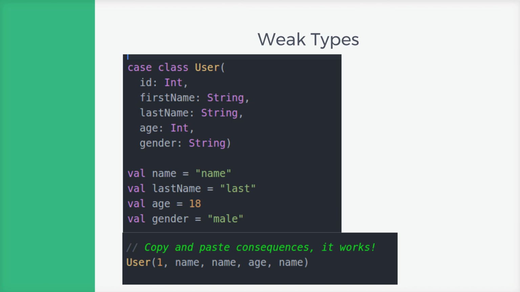And this is an example of weak types because it's not stored in the context of your application. Like the age cannot be negative, but you can provide a negative value here and it will work. But it doesn't make sense in this application.